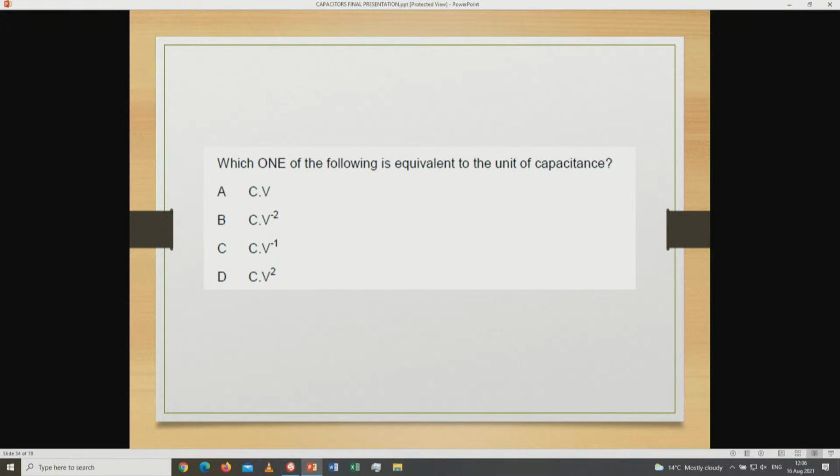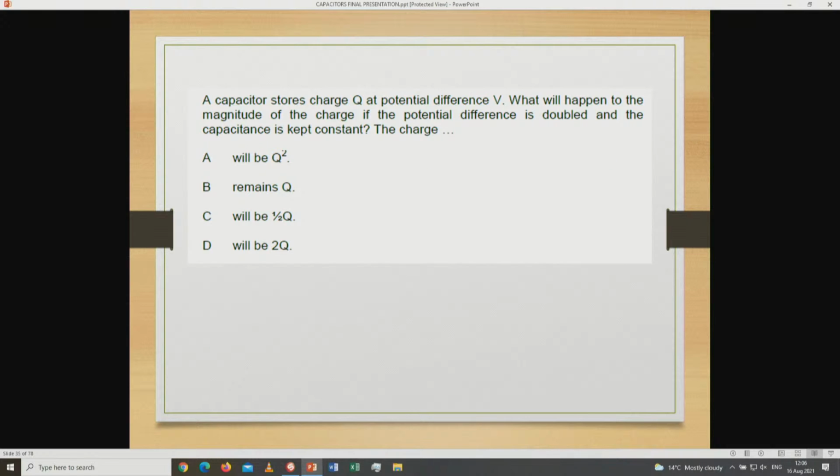It's C. It's coulomb per volt. Coulomb per volt. So the correct answer there is C, which is the equivalent SI unit to Farad. It's the same as the Farad. There is the answer.